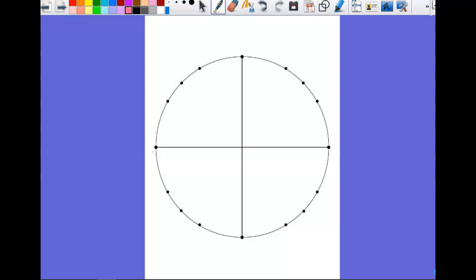So if I use my hand trick, I know for pi 6, which would be my reference angle, it is square root of 3 over 2. 5 pi 6 puts me in which quadrant? The second. 5 pi 6 would put me right here, right? So I'm in the second quadrant. Is the x value positive or negative in the second quadrant? Negative. So the cosine of 5 pi 6 is just negative square root of 3 over 2.